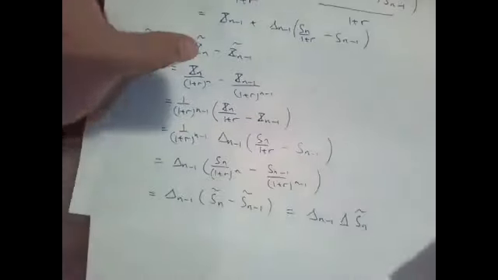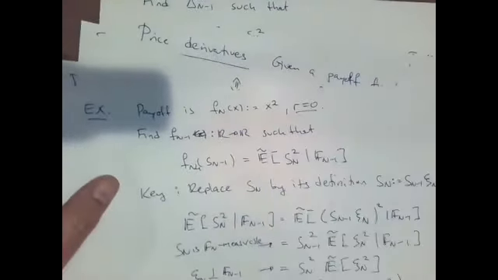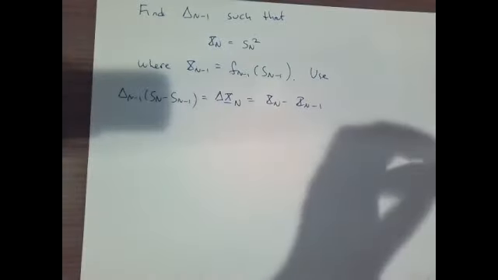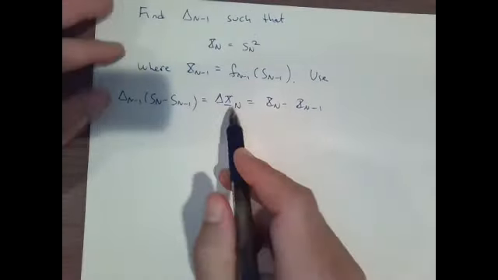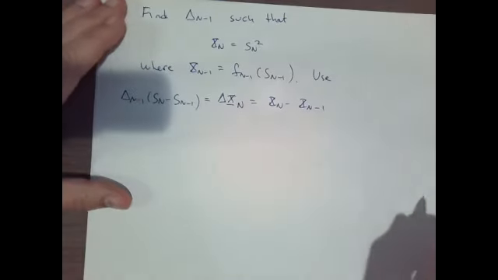But because this problem assumes R being 0, there's no difference between discounted wealth and undiscounted wealth, so I just get this property.